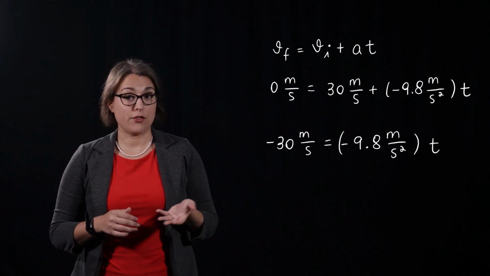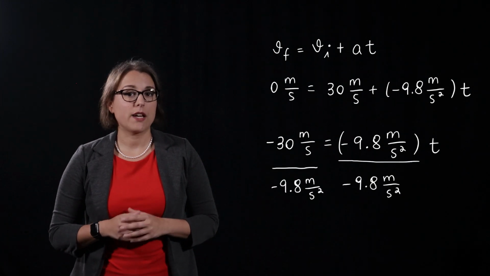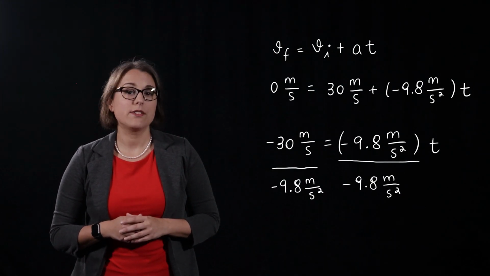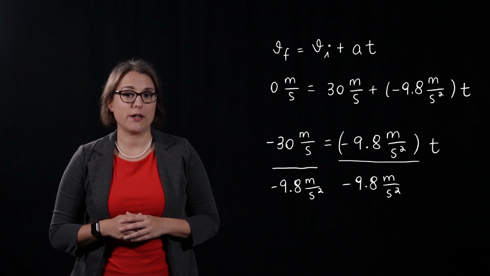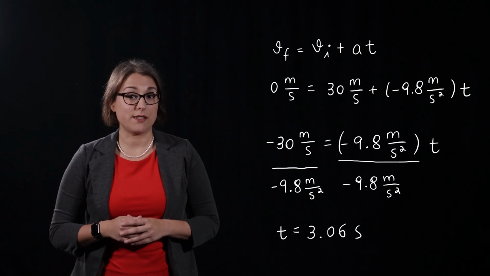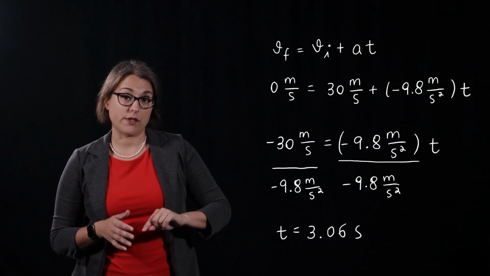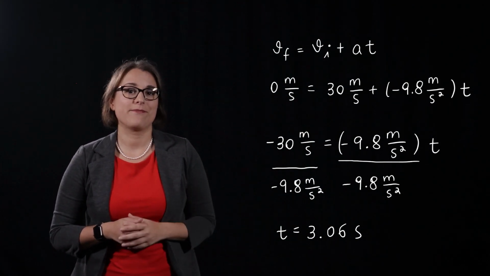Subtract 30 meters per second from both sides. Then divide both sides of the equation by negative 9.8 meters per second squared. We see that time is equal to 3.06 seconds. It takes 3.06 seconds to reach the peak of its motion.